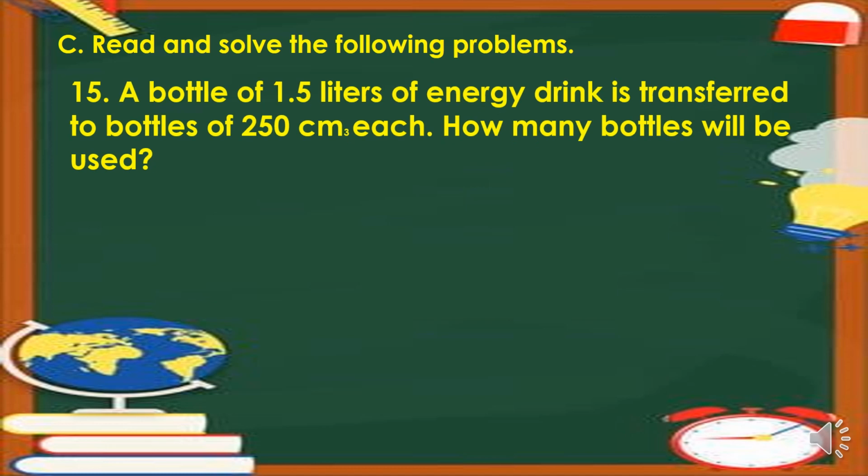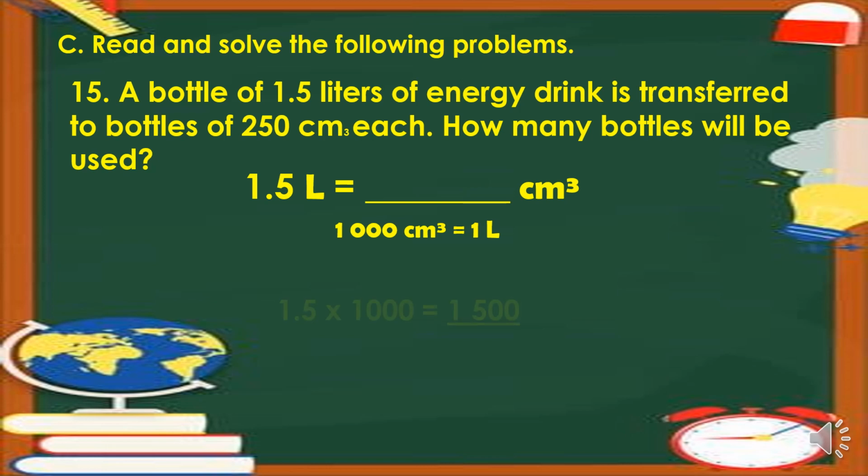Okay, to continue for the problem number 15, a bottle of 1.5 liters of energy drink is transferred to bottles of 250 cubic centimeter each, and how many bottles will be used? So, i-convert muna natin sa cubic centimeter. So, 1.5 liters is equivalent to how many cubic centimeter? So, for every 1,000 cubic centimeter, that is equivalent to 1 liter. So, 1.5 times 1,000, that is 1,500 cubic centimeter.